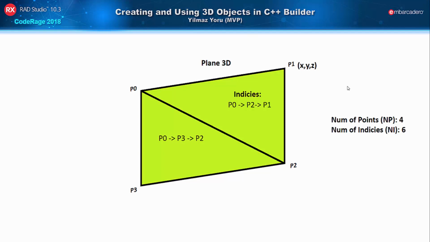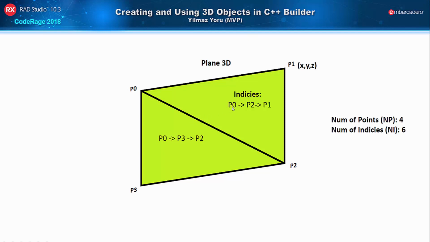Okay, let's see how a 3D plane is placed in three-dimensional space. There are points P0, P1, P2, and P3, and P0, P1, and P2 form one triangular area, and each point has X, Y, Z coordinates, and there are indices.